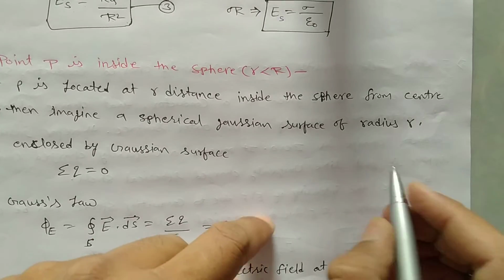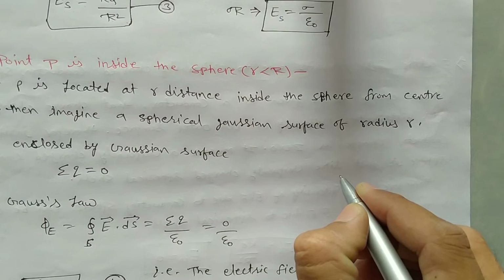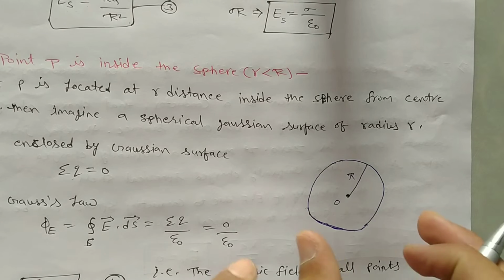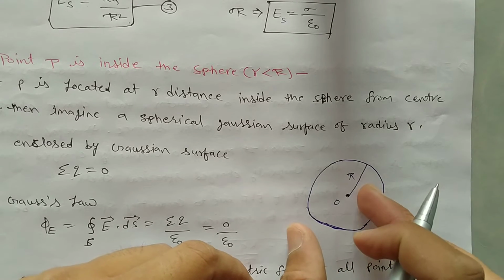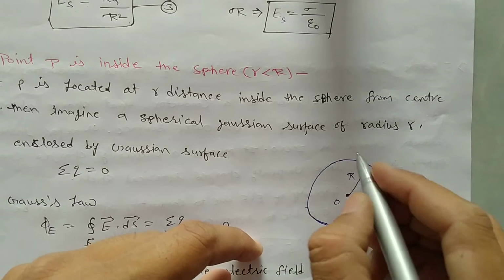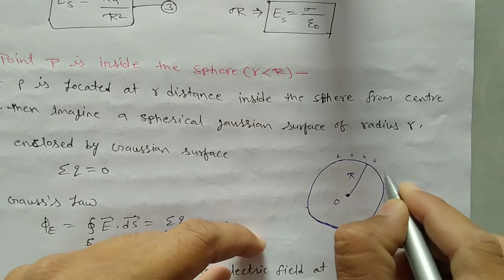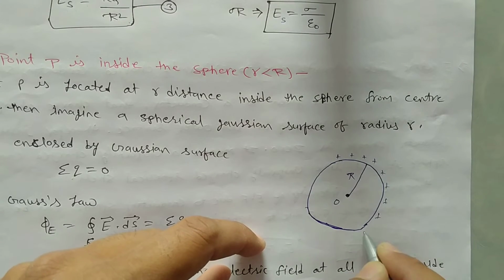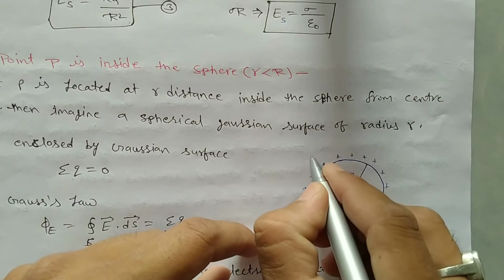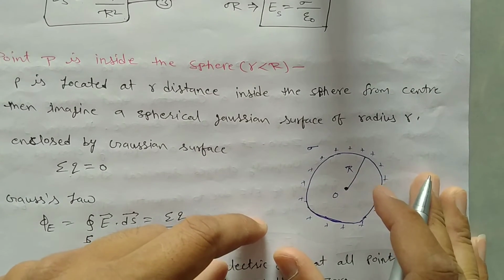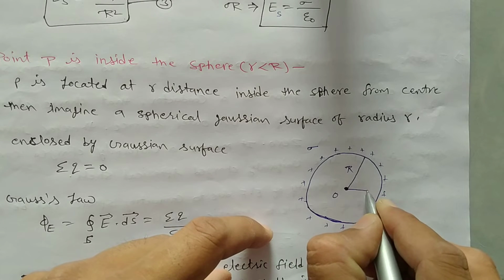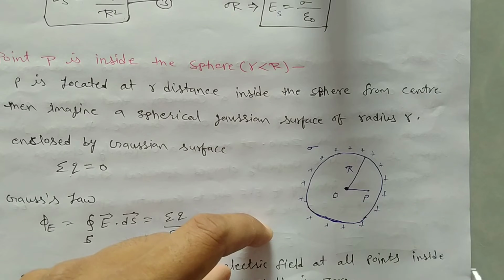Let's draw a spherical cell of radius capital R. This is a spherical cell of radius capital R, whose center is O. This spherical cell is charged by plus Q charge uniformly. Then surface charge density is sigma, and we take a point P, the observation point, inside this spherical cell.